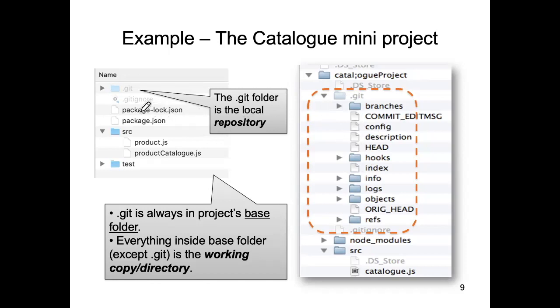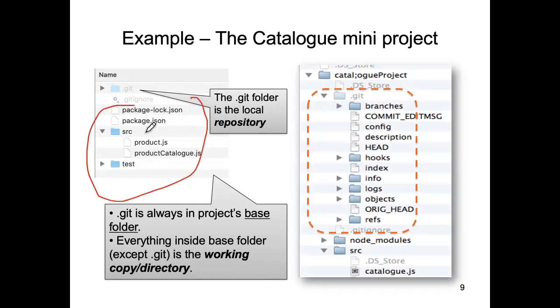Now, on the left here, there's my Git repository for this particular project. And this project looks familiar to us. It's that little catalog project. When I use the term working copy or working area or working directory, this is the working directory in the context of this project, because we can make edits to these files here.